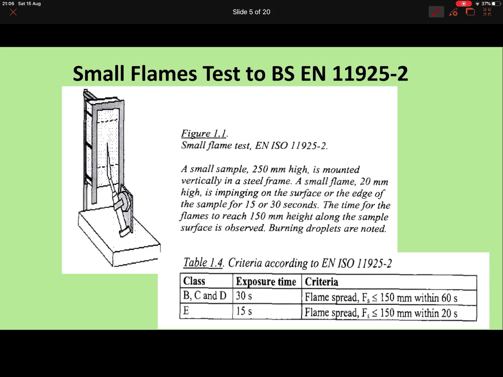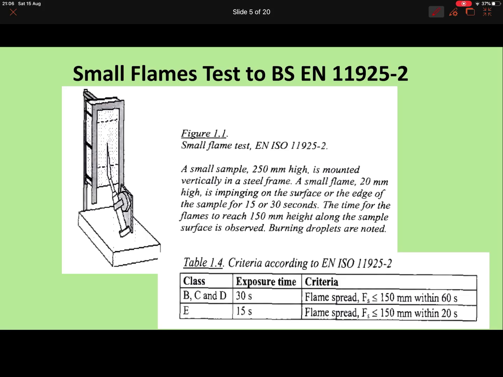So here is the small flame test to 11925. It doesn't come any smaller than this. The apparatus is a small Bunsen burner-like flame. It's only 40 watts, about 6 or 7 matches.